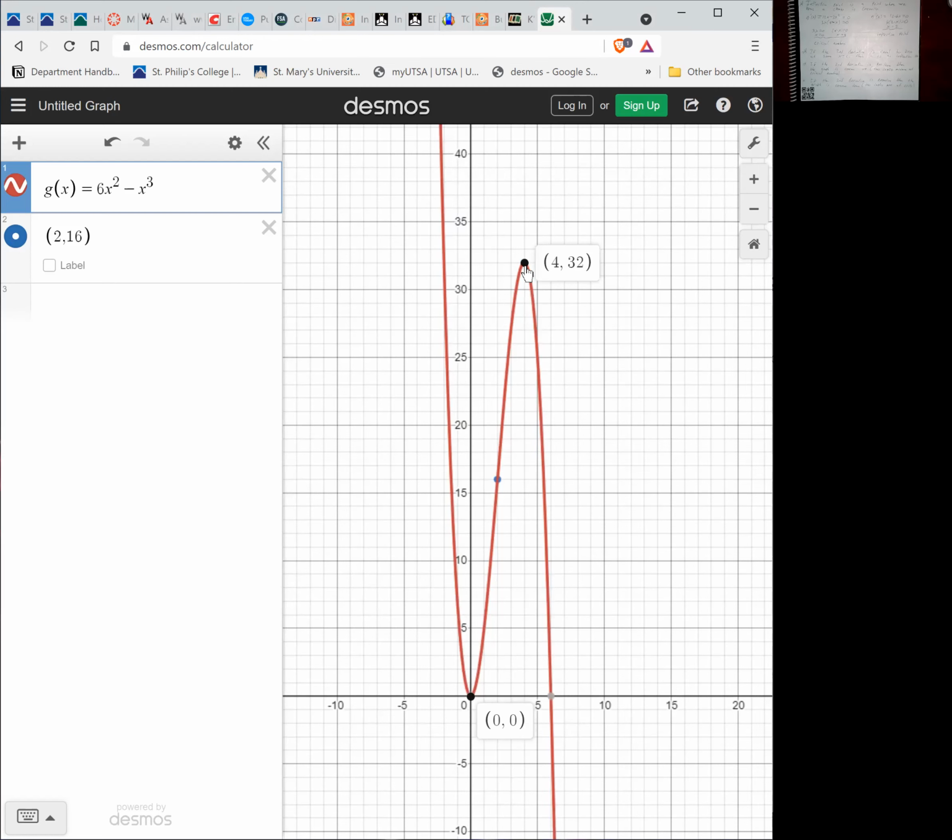So there it is, 0 and 4. We had a change in concavity at 2, right? So you can kind of see how this is going to work. We are concave up at 0, which means we have a local minimum. Concave down at 4, which is a local max, which we'll calculate in just a moment. And then we change from concave up at this point.